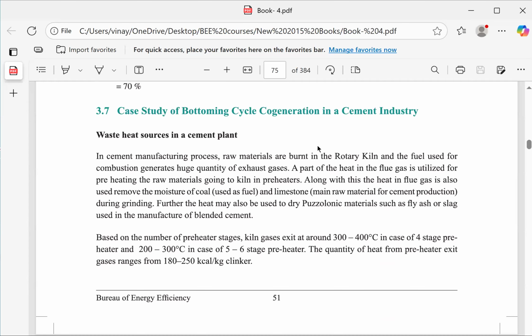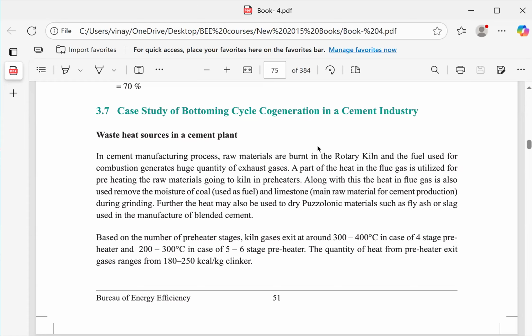Now, where is this bottoming cycle applicable? Particularly in glass industry, particularly in cement industry. What is the thumb rule? Thumb rule is where the process heat required is very, very high temperature. Cement industry is using the heat for roasting their gypsum and therefore the temperature they require is much more, 1000 degrees.